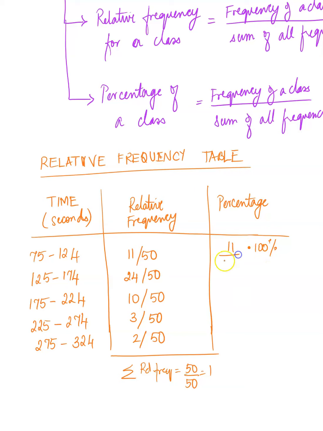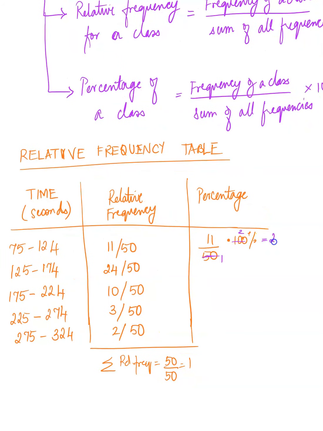I'm just trying to show you to do this manually so that you don't have to rely on the calculator every time, but you'll still be able to. 50 times 1, 50 times 2, right? So basically, it's 22%. Likewise, 24 divided by 50 times 100% would be the same thing. The 100 would cancel off twice, and so 24 times 2, 48%.